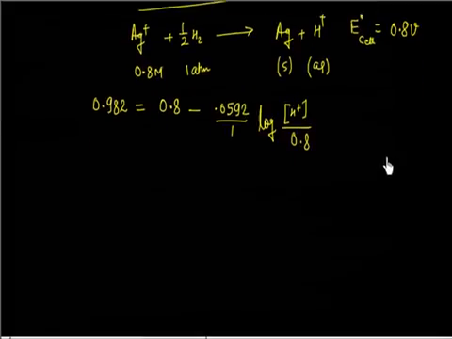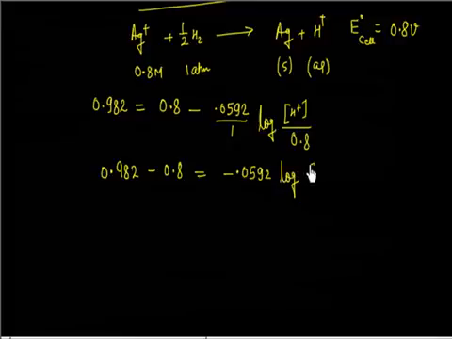Now we can calculate from here. Taking this side, 0.982 minus 0.8 equals minus 0.0592 log of H plus divided by 0.8.